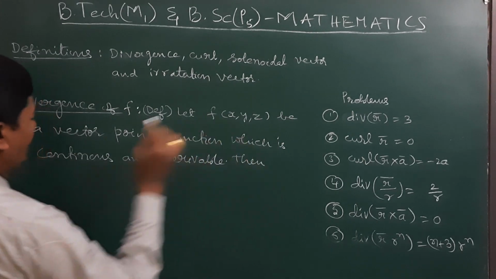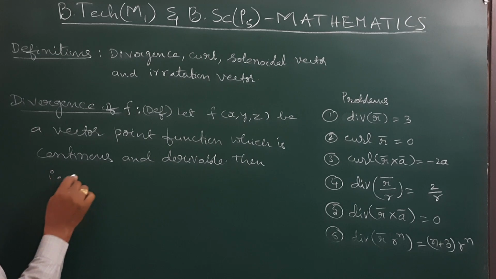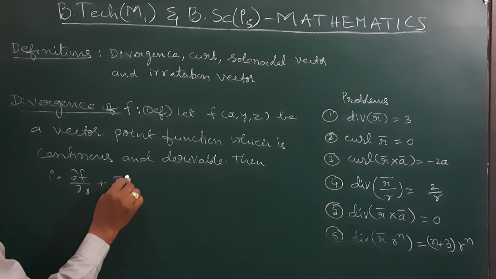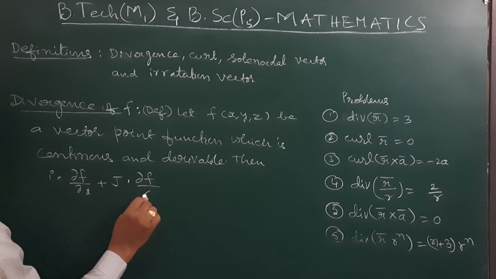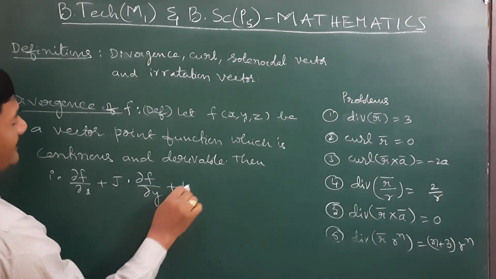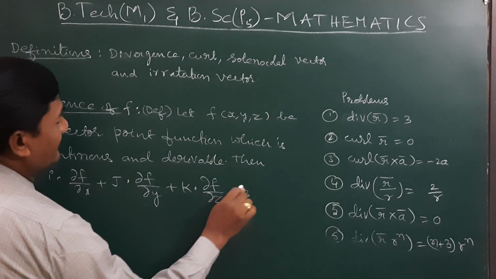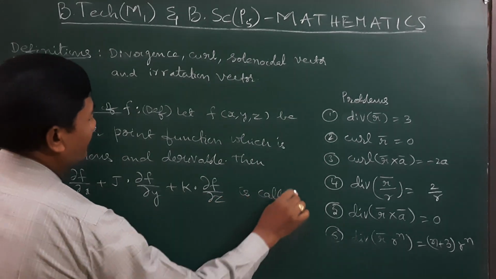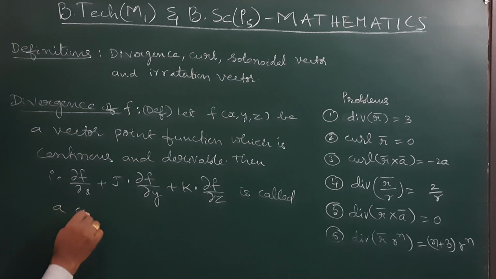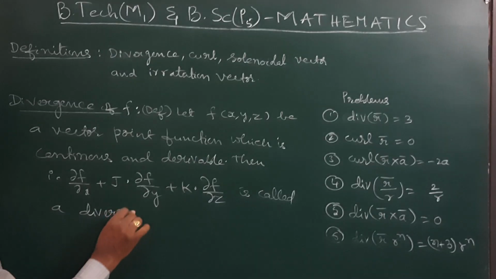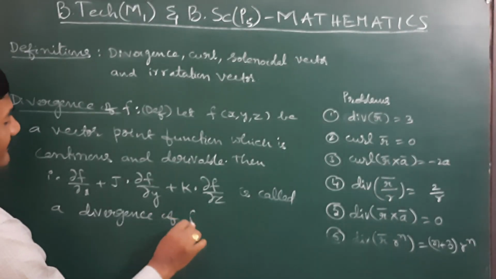Then i dot dou by dou x plus j dot dou by dou y plus k dot dou by dou z is called the divergence of f.